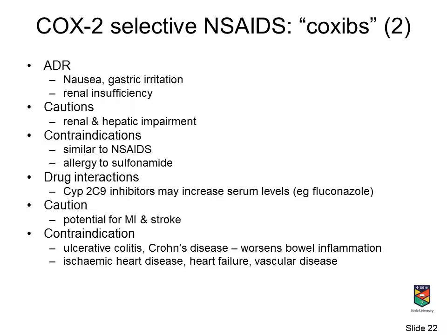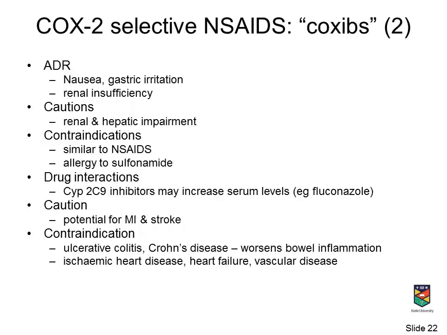So some of the adverse effects: they can still cause some gastric irritation, because although they're preferentially able to bind to COX-2 over COX-1, there's still some COX-1 inhibition, so they still can cause gastric irritation, and they can still cause renal effects. And remember I said that COX-2 is expressed constitutively in the kidney? Go back and look at the slide earlier on when I was comparing COX-1 and COX-2. You see that I said COX-2 is expressed in the kidney, and that's the reason these drugs still have effects on the kidney.